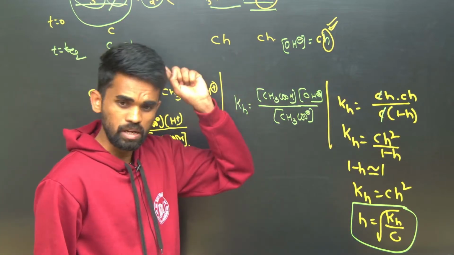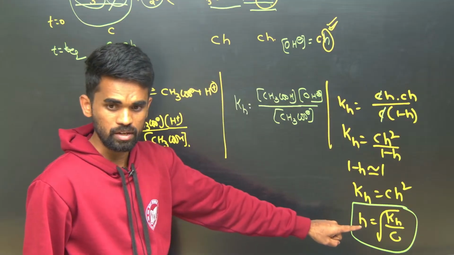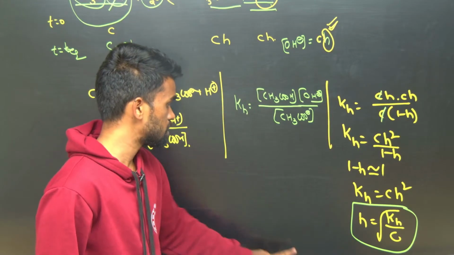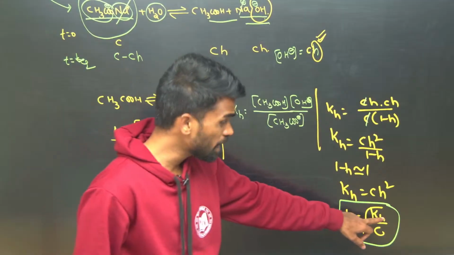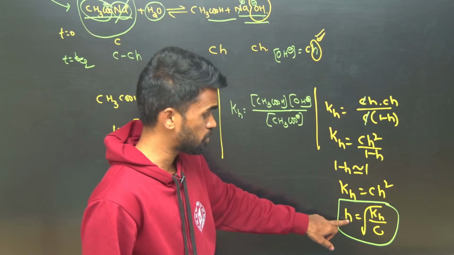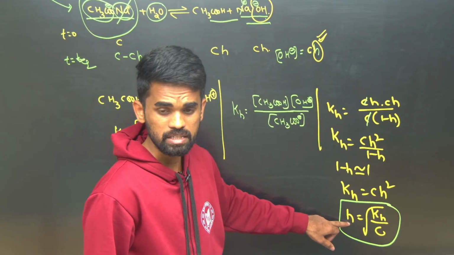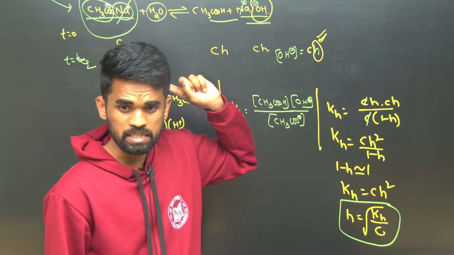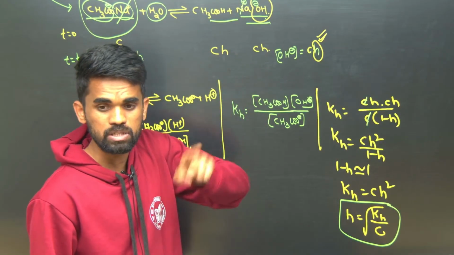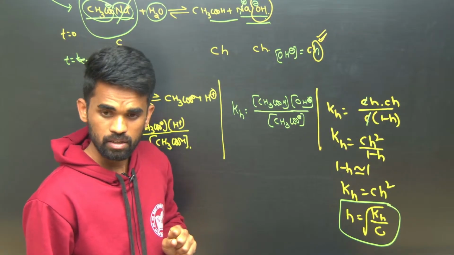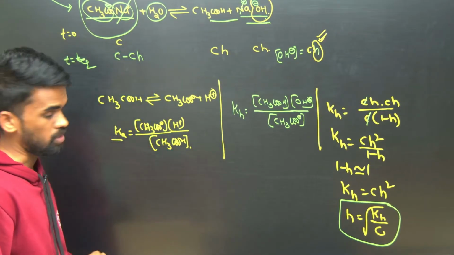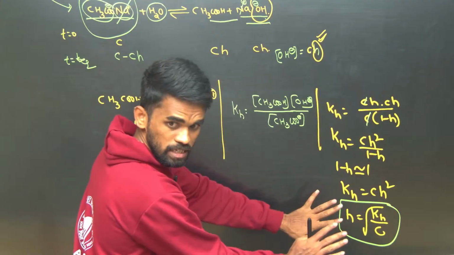Similar to the Ostwald process, here we got the hydrolysis constant also. Kh is the hydrolysis constant, H represents degree of hydrolysis. Similar to Ostwald's dilution principle, where alpha is directly proportional to root of Ka by C, like this we got. Up to here it is clear now.